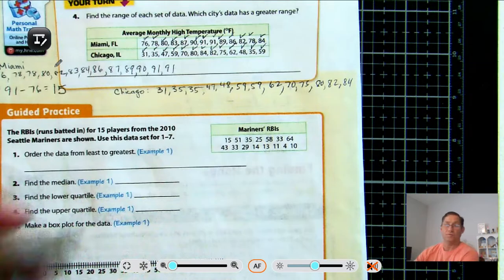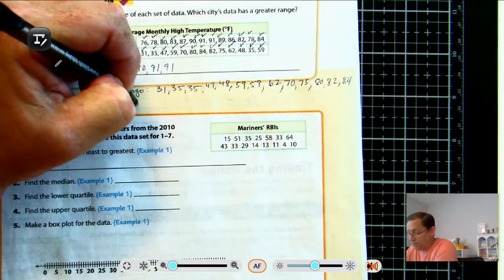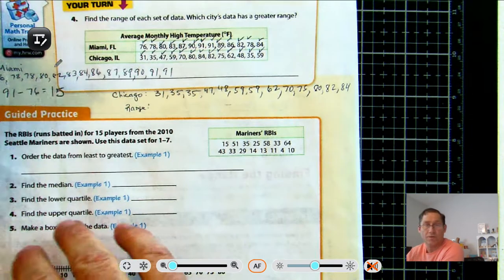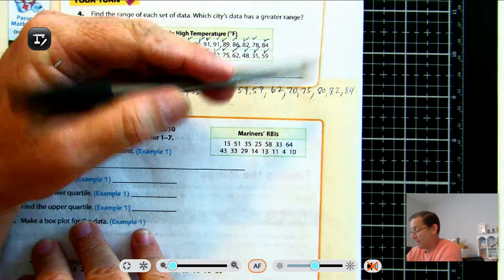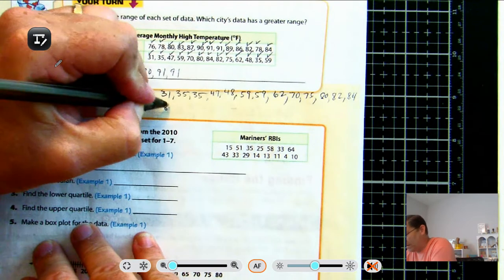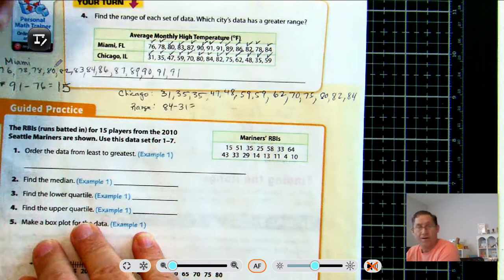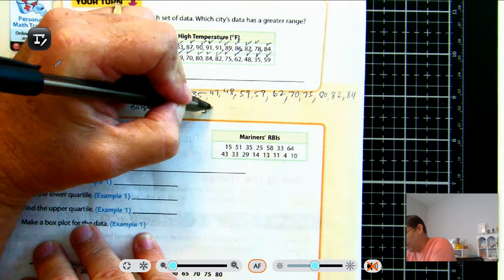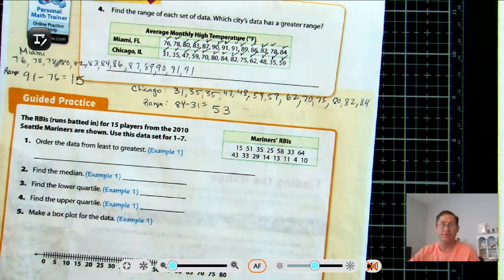All right, so the range of Chicago's temperature, after putting them in order, we have a low of 31 and a high of 84. So 84 minus 31, a difference of 53 degrees.